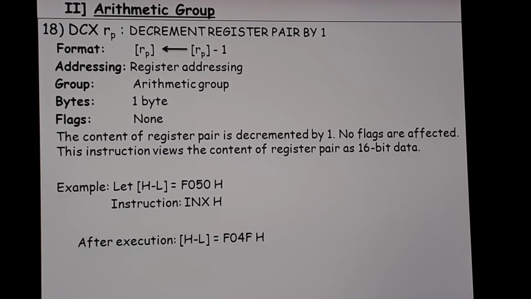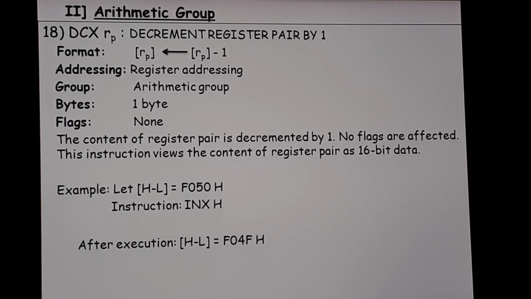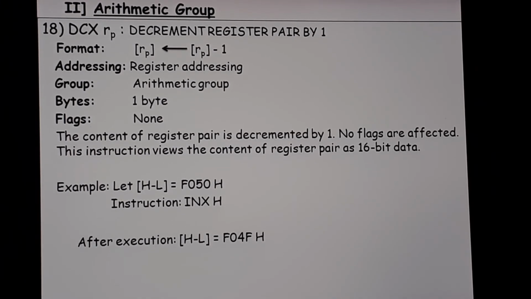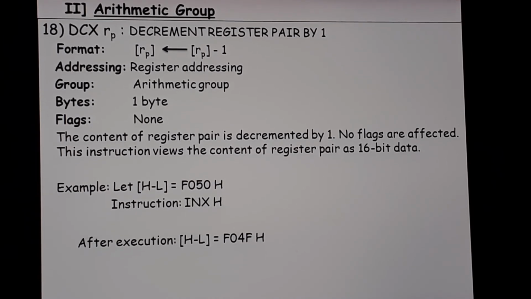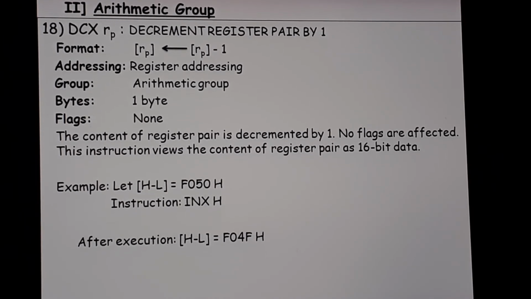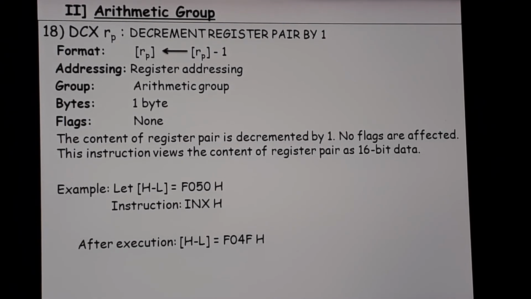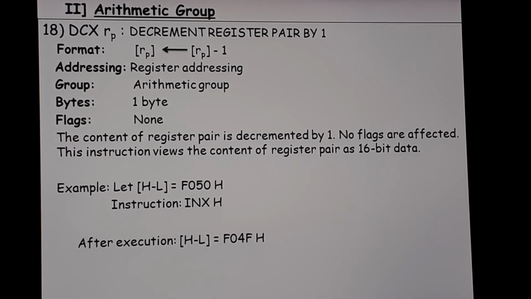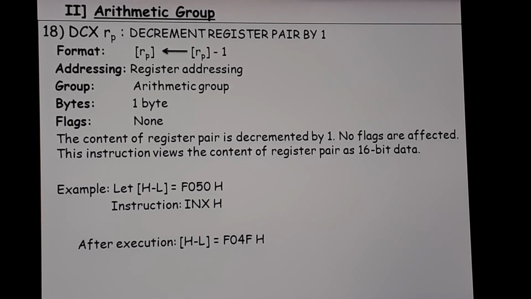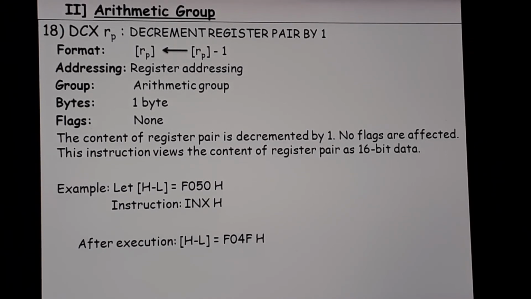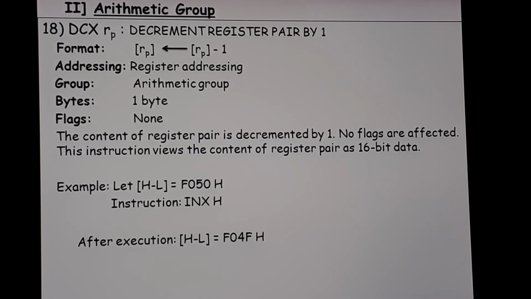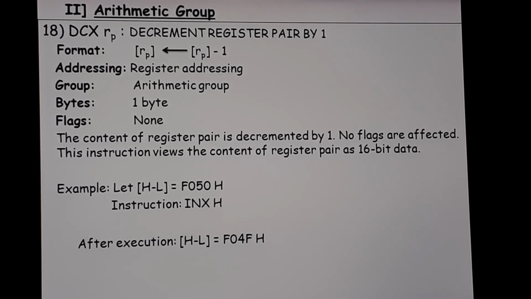The content of the HL register pair, which was F050, will be F04F. Okay, why? Because F is the last hexadecimal digit, after that comes 0, and after 4 comes 5. So hence F050 is the number before this.